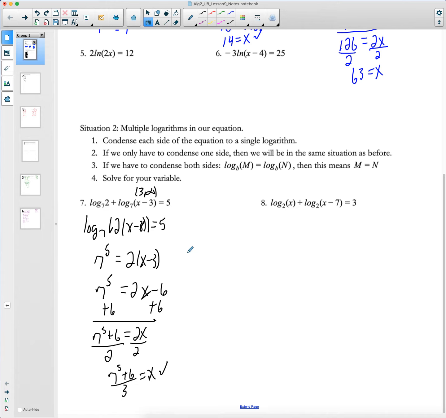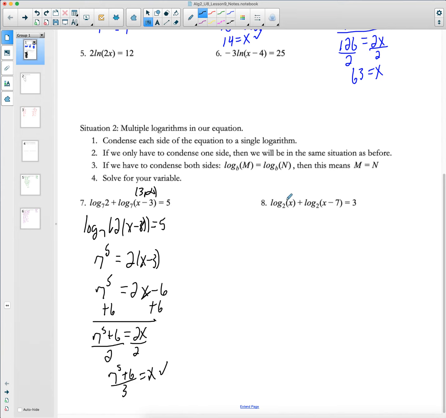Now notice both logarithms contain variables, which means this logarithm has a domain and this logarithm has a domain. Now we can look at the domain of each one individually to start with.